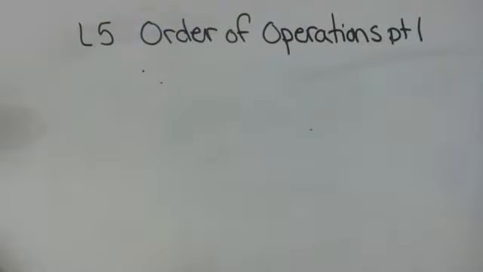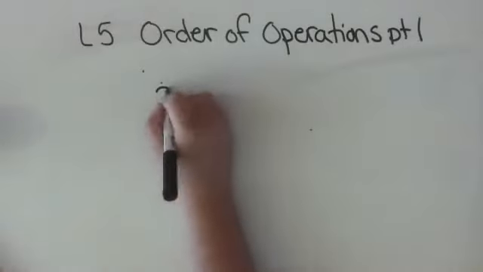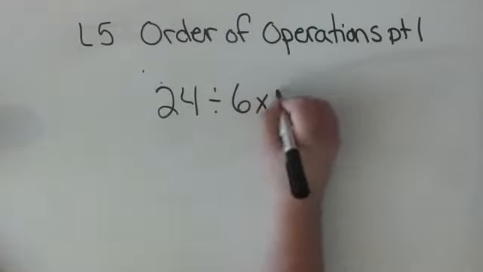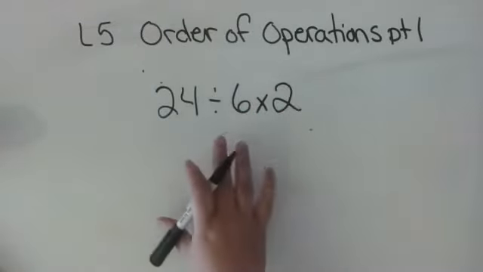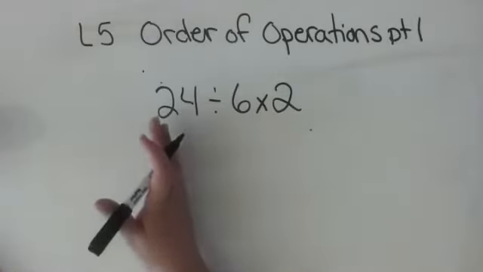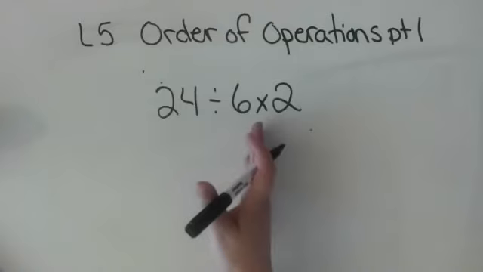Now, we can move into doing the same thing for addition, multiplication, and division as well. If we have the question 24 divided by 6 multiplied by 2, we can't really start from the left and move our way to the right because we don't know what we're dividing by yet.